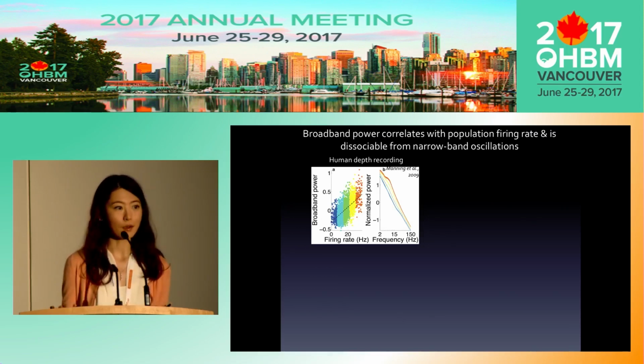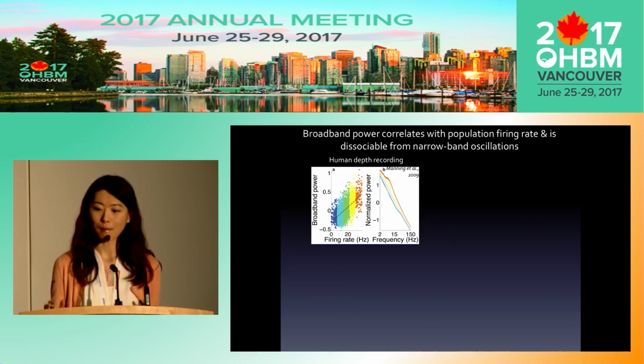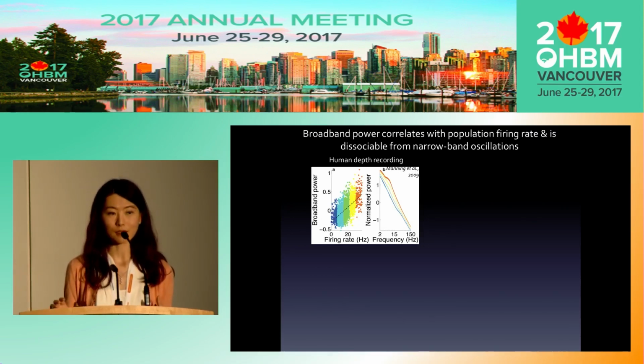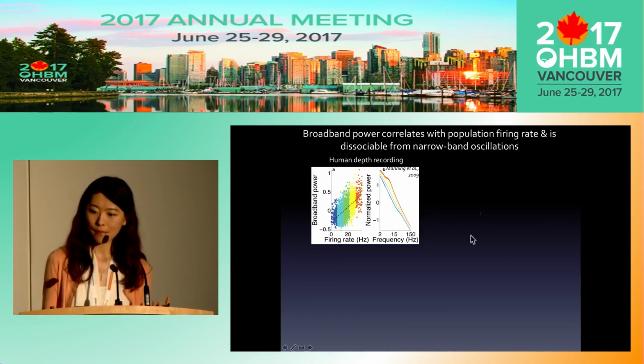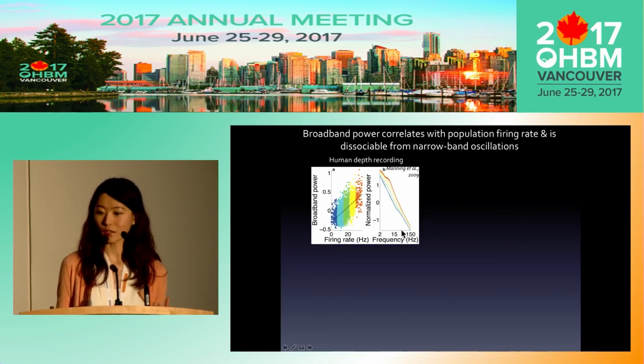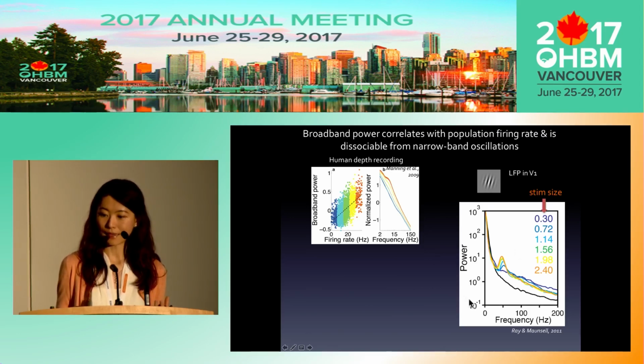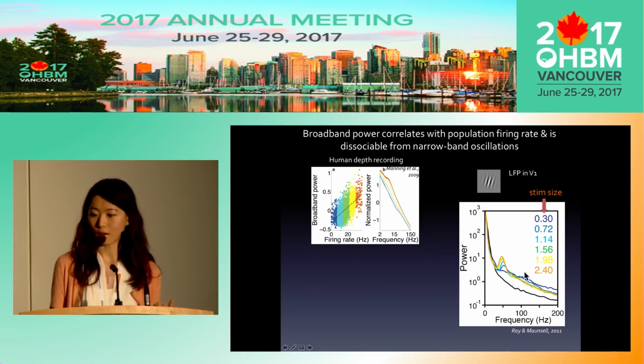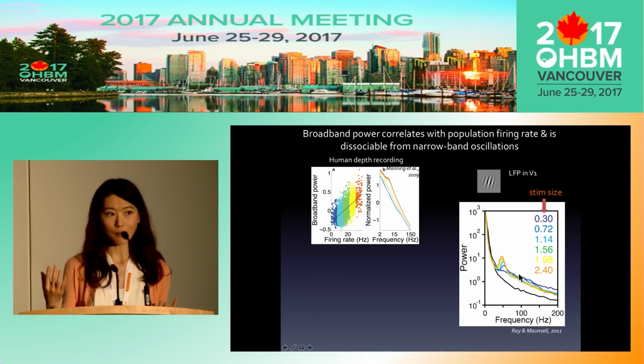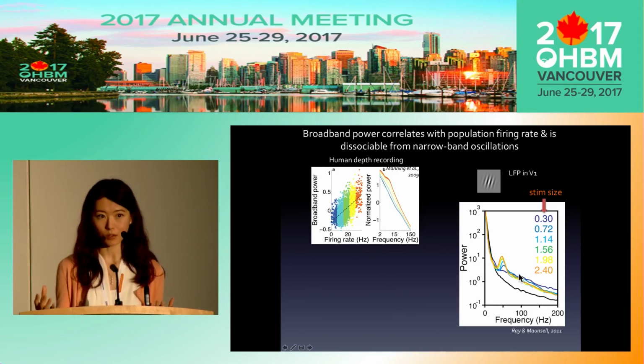Let me first tell you a little bit about what we know about the physiology of the high-frequency broadband power. Michael Kahana's group had a very nice study showing that the high-frequency broadband power correlates with the population neuronal firing rate in human subjects. This is a very nice monkey study from John Maunsell's group showing that the broadband power and oscillations can be dissociated.